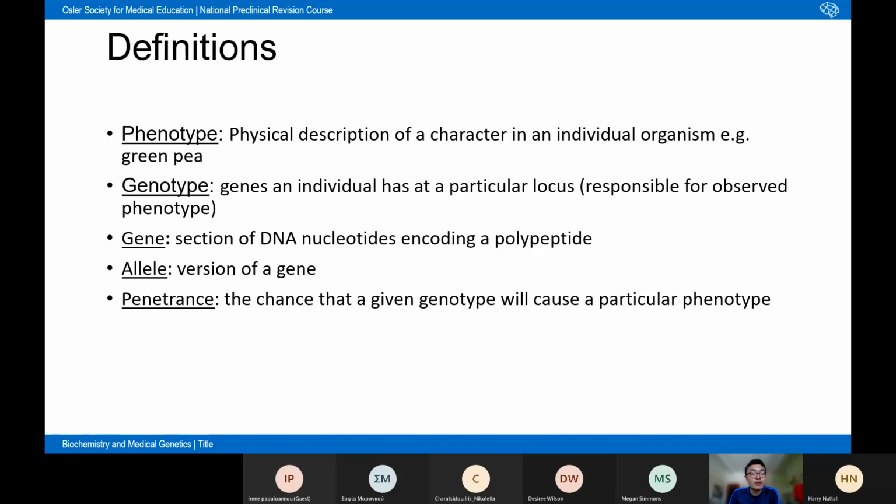Finally, penetrance is the chance that a given genotype will cause a particular phenotype. Namely, it's the chance that if you have a mutation you'll get a disease. So that's a general overview of medical genetics and the key terms, and now we'll delve into the individual details of the topic.